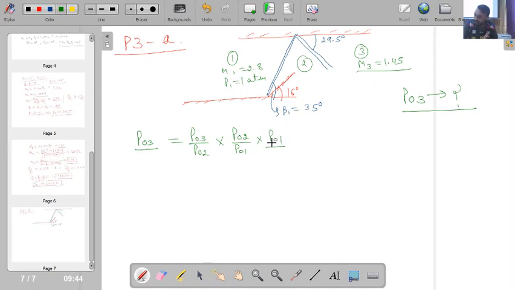Okay, so let's see whether we are able to write it or not. If you remember, earlier I told you once that for calculating static properties like P2 by P1, T2 by T1, or rho 2 by rho 1, I can employ the same relations as those of the normal shock wave for an oblique shock wave also. The only difference is we have to consider the normal component of the Mach number to that particular shock wave.